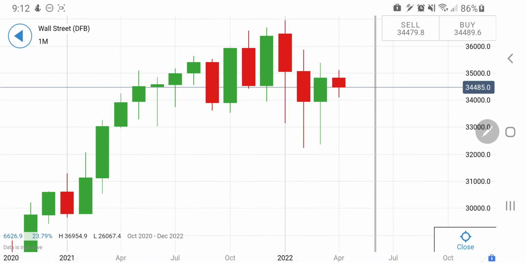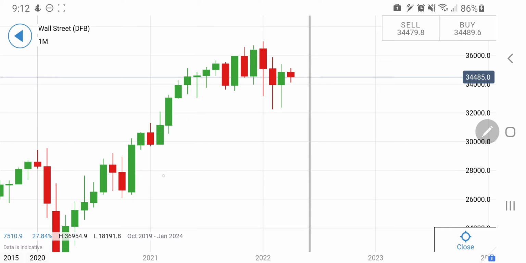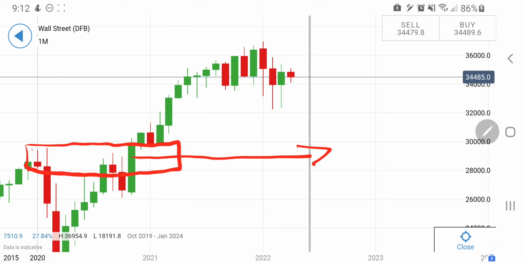And yes, if you recall, I had told many a time that the next target for US30 is in this zone. How far could this go? First, it may try to come back towards 28,000 to 30,000 levels. I'll be looking forward to US30 achieving 28,000 to 30,000 levels in the near term.